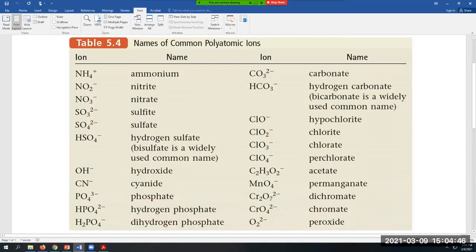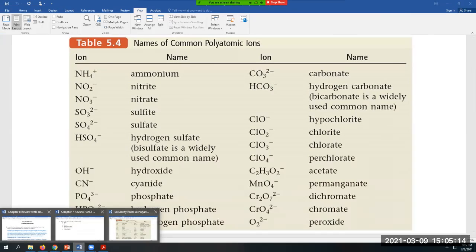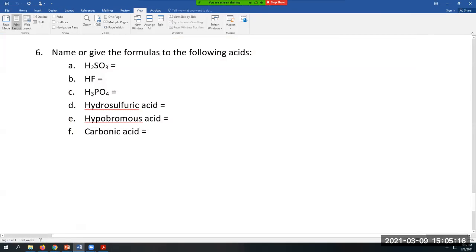It's one of these polyatomic ions with the H plus hydrogen. Together, they can make an acid. These are called oxyacids because notice how most of them have oxygen in them. That's why we call them oxyacids, because of the oxygen. And so they are named differently. First you need to decide, do you have an oxyacid or a binary acid?